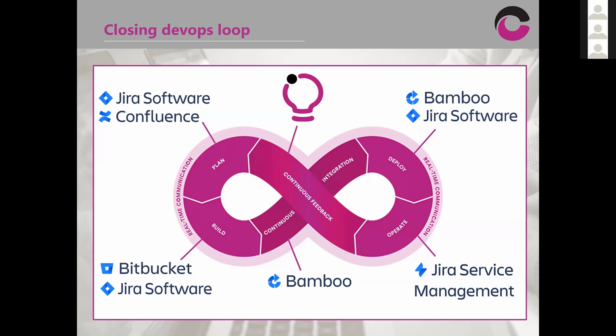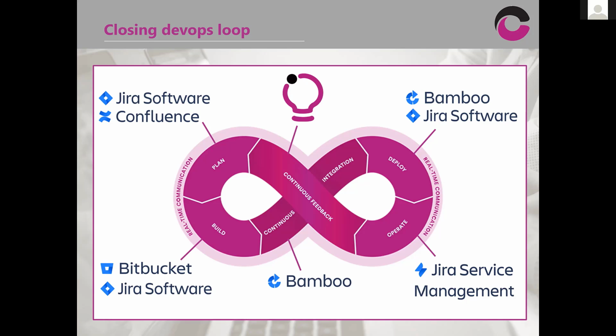Atlassian helps with a lot of this with Atlassian tools like Jira Software, Confluence, Bamboo, Bitbucket, Jira Service Management or Service Desk. So a lot of things are covered by Atlassian tools.